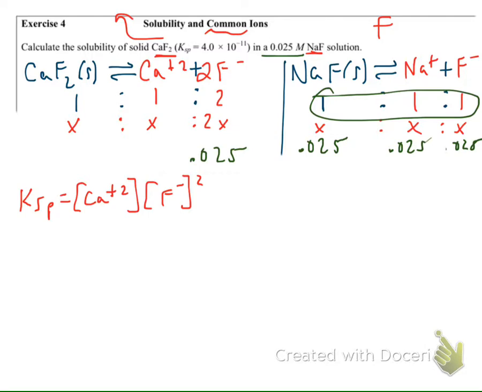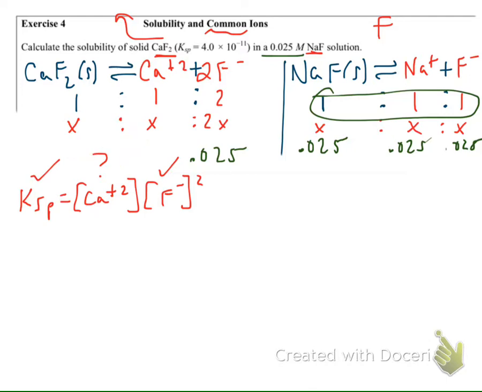From there, I know this value, and I can solve for the Ca plus 2, and if I know this, then I can then solve for that. So that is what we're going to do.